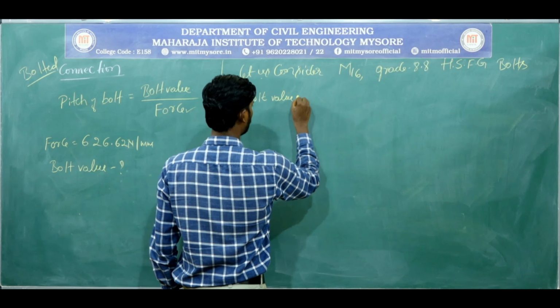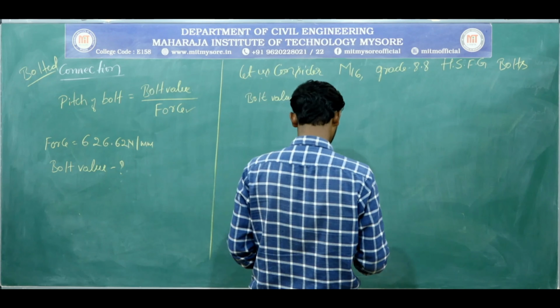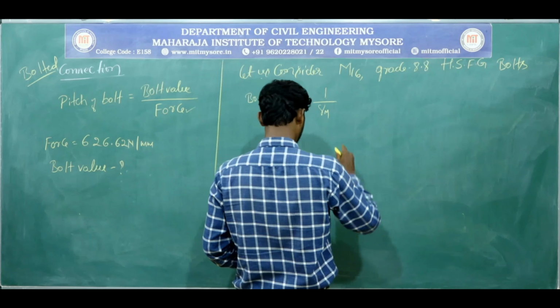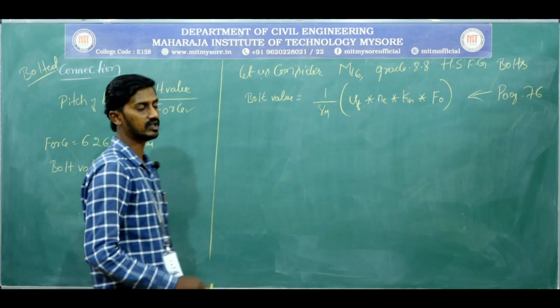So bolt value is equal to, what is the formula we have? 1 divided by gamma into mu F into NE into KH into F naught. This formula is available on page 76 of IS 800.